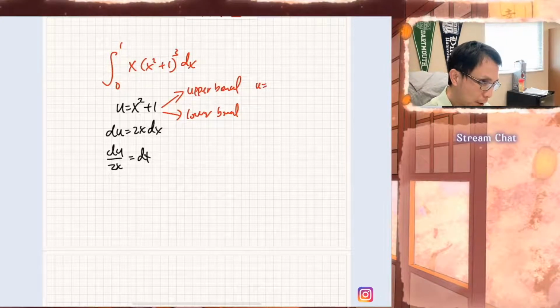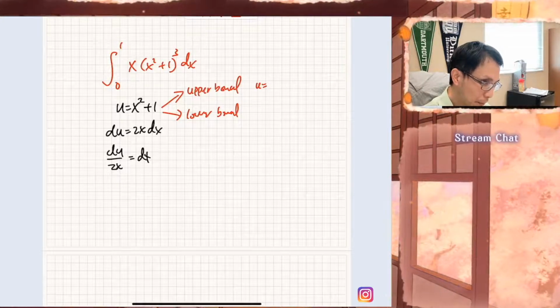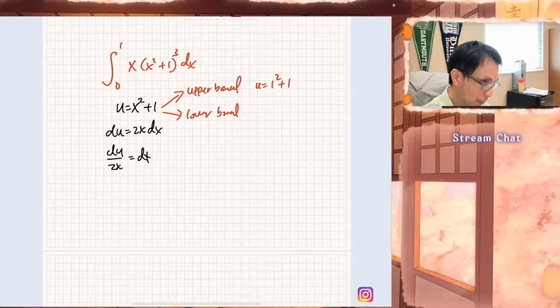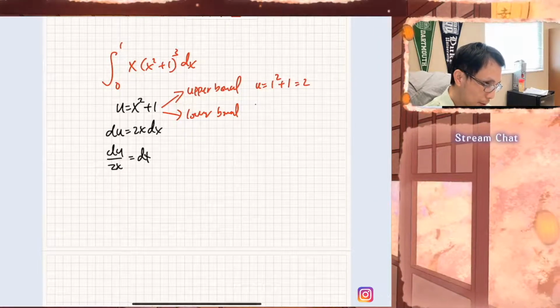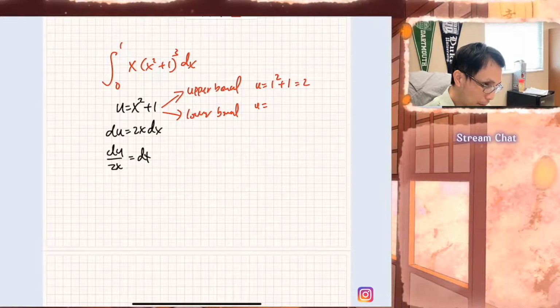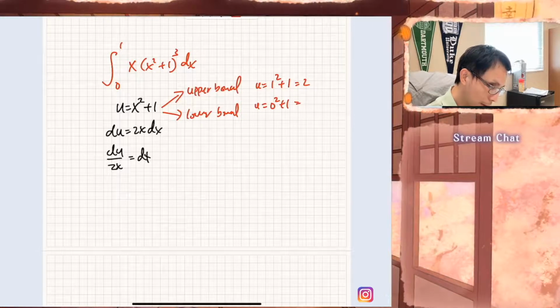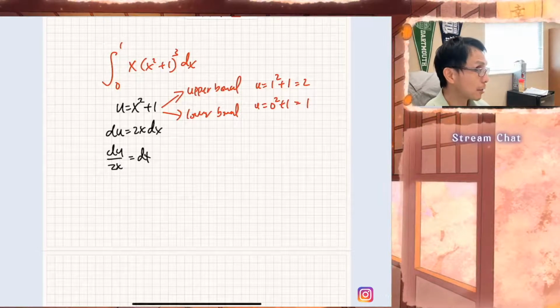So u equal to, I'm going to plug in 1. 1 squared plus 1, so it's 2. u equal to 0 squared plus 1 is equal to 1. Does that make sense? I just changed the boundary.